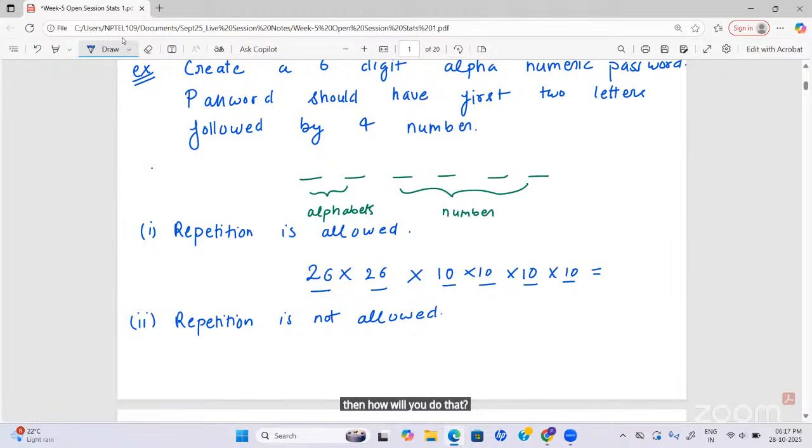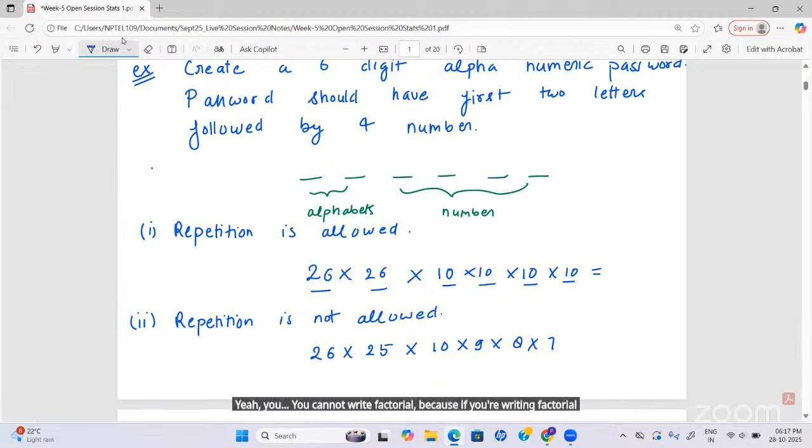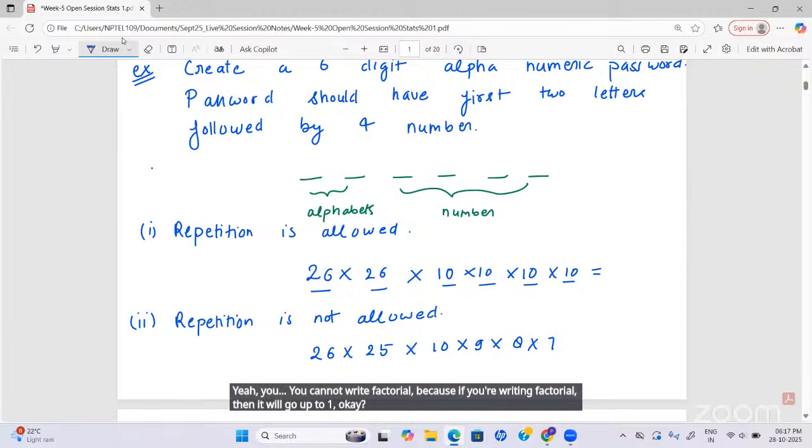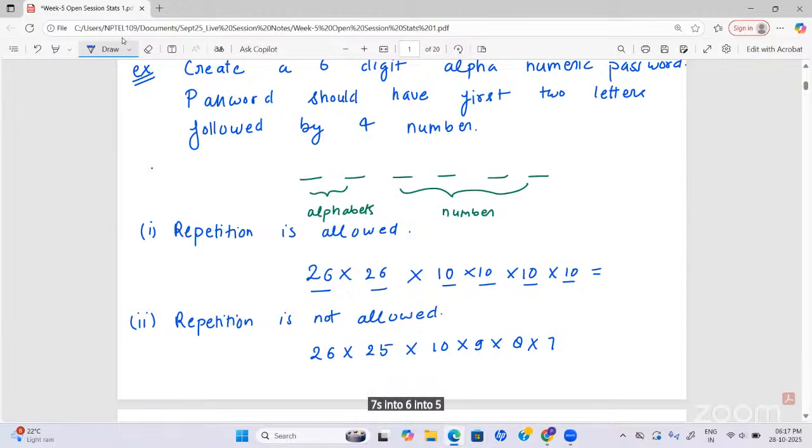Then it is 26 multiplied by 25, and then 10 into 9 into 8 into 7. You cannot write factorial here, because if you write factorial, then it will go up to 1.